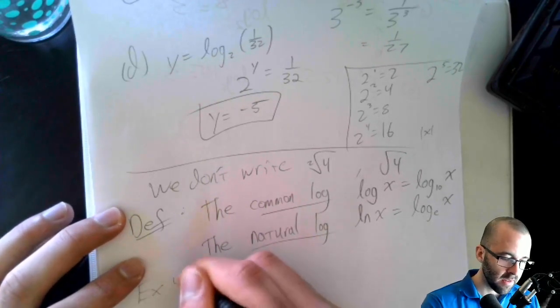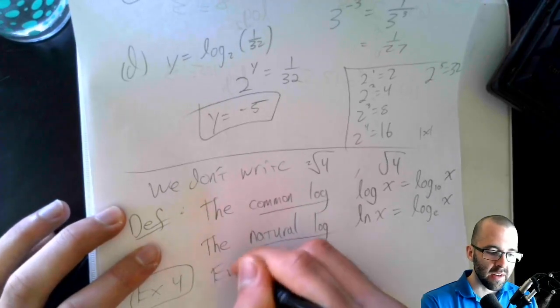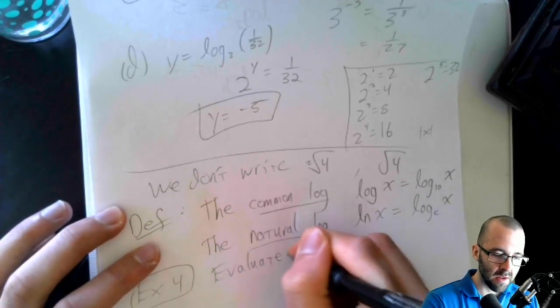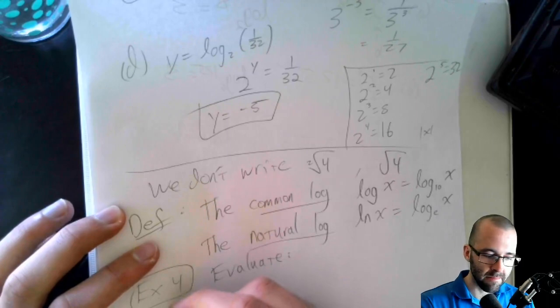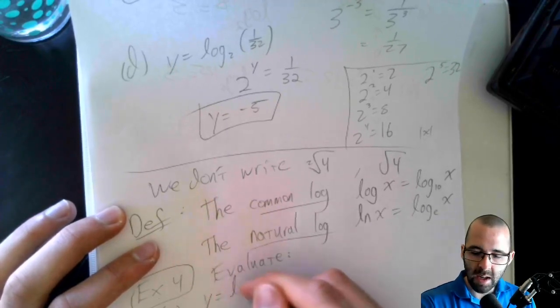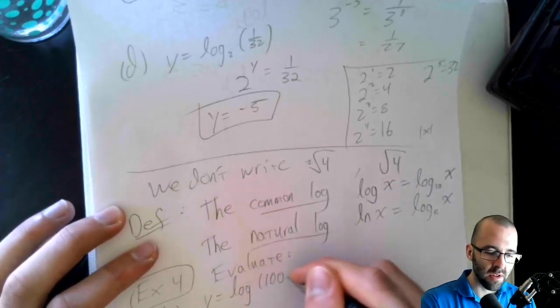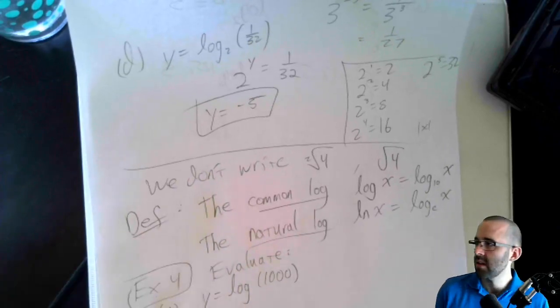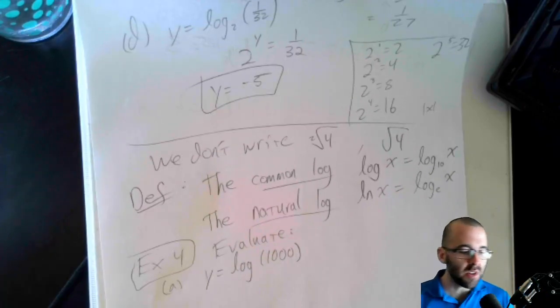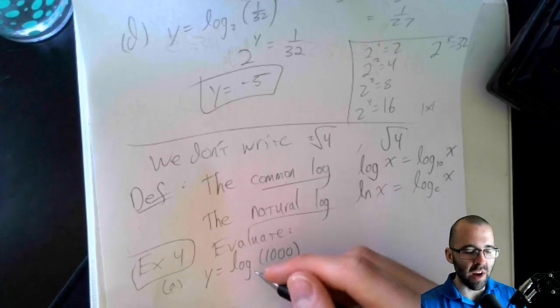Example 4. Evaluate. Okay, part A. y equals log of 1,000. So again, if you want to, you can say common log. Let's write a 10 here.